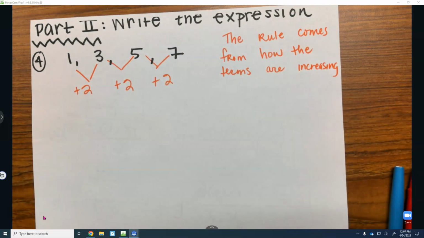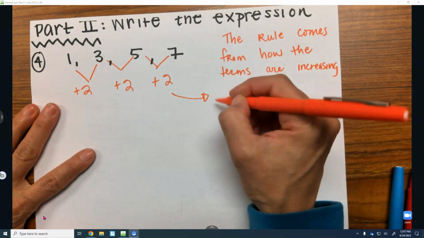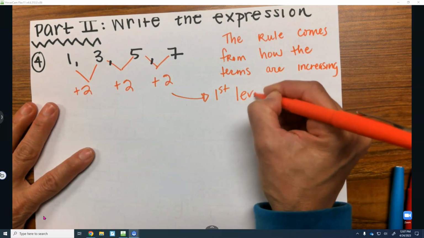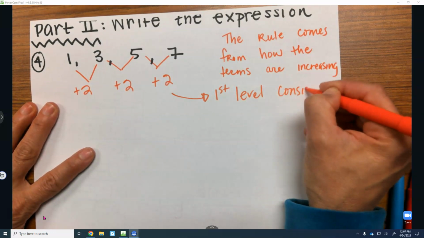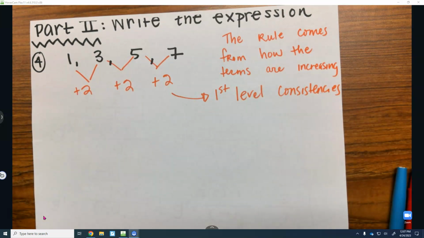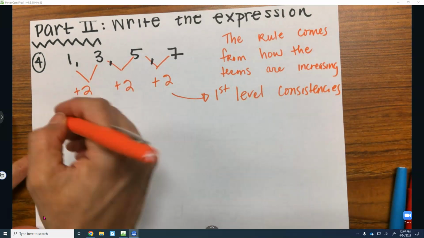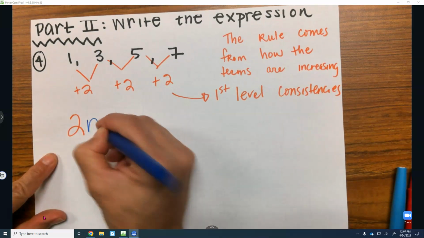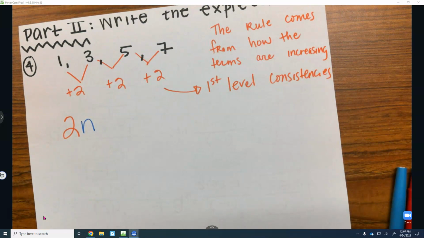When you have these first level consistencies, and I will show you what I mean. These are first level consistencies. That means you have a 2 in front of the letter N. So this becomes 2 times N. That is part of our rule, but it's not the rule, guys.